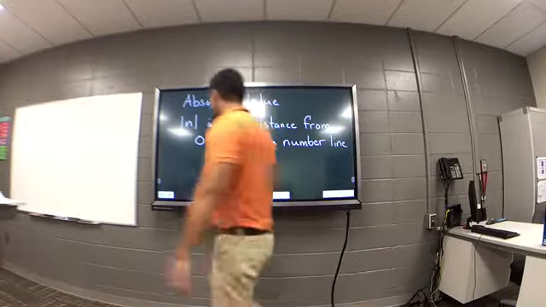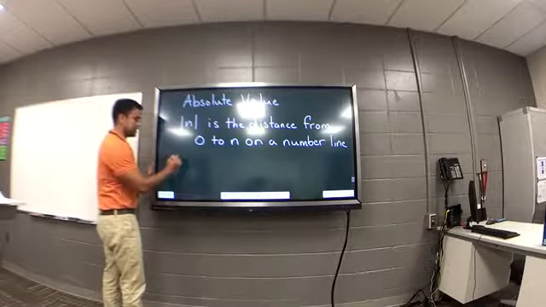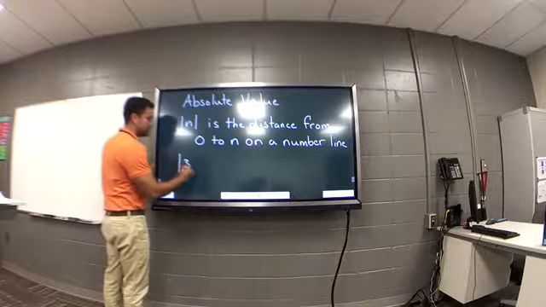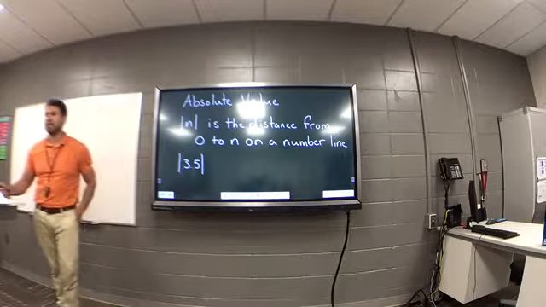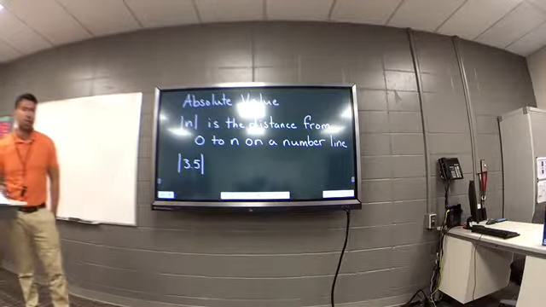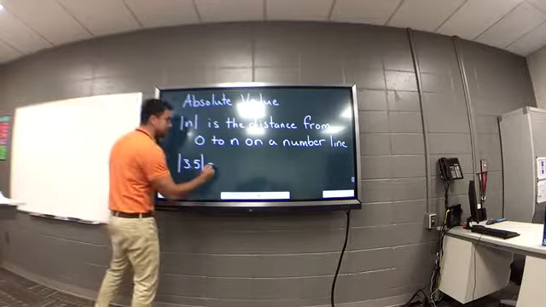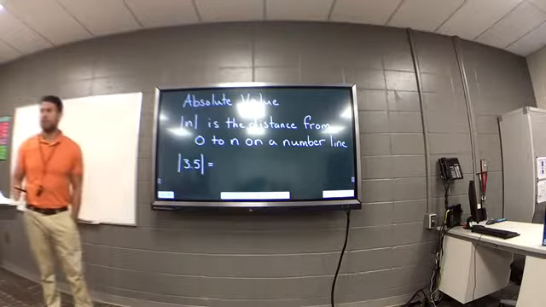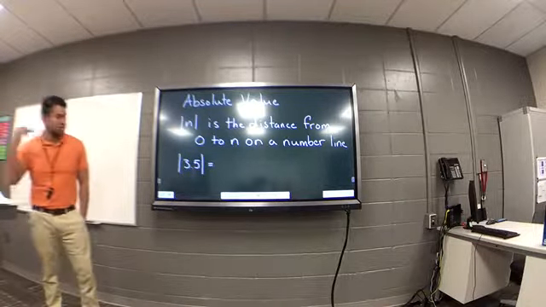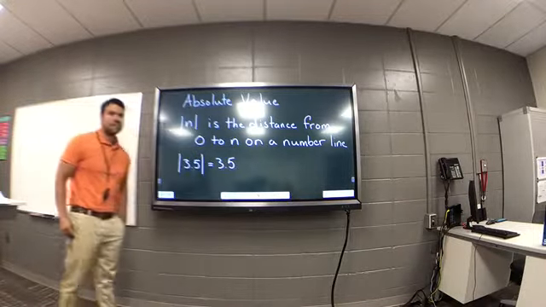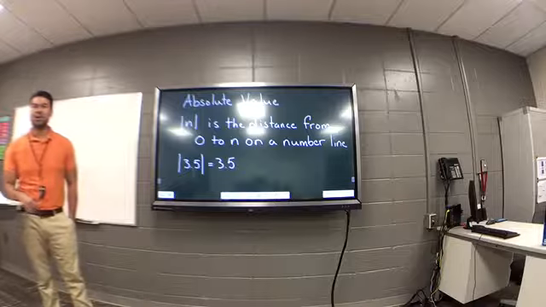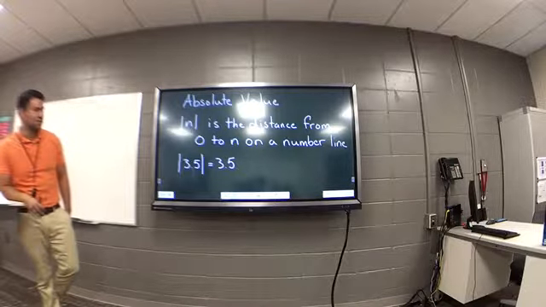Okay, so let's see if we can get these couple examples here. The absolute value of 3.5, or 3 5/10. What is the value of the absolute value of 3.5? It's 3.5. Okay, that's nice. And I'll show you on a number line what we're even talking about in just a moment.